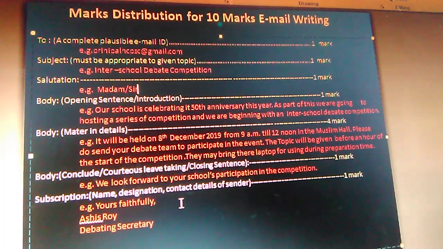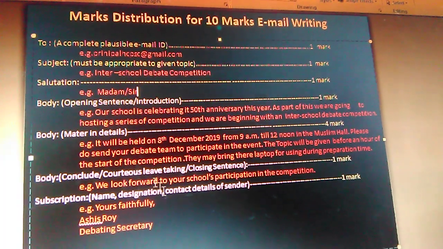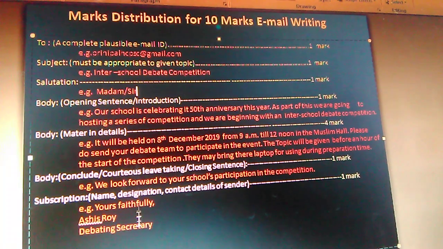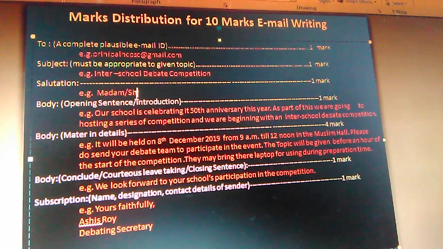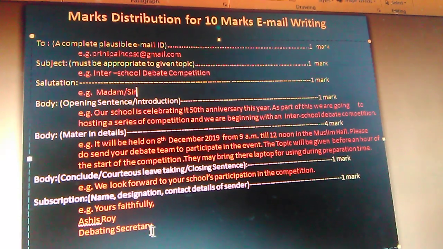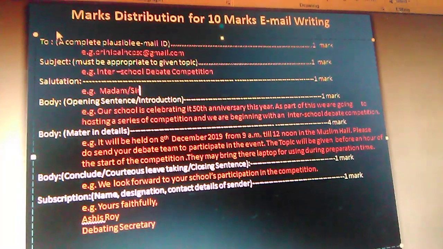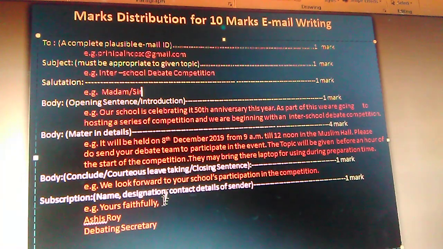Yours faithfully, as it is a formal email, so you can write in that way. Then Ashish Rai, the name of the sender, and the designation, debating secretary. Here I didn't mention the from and to.